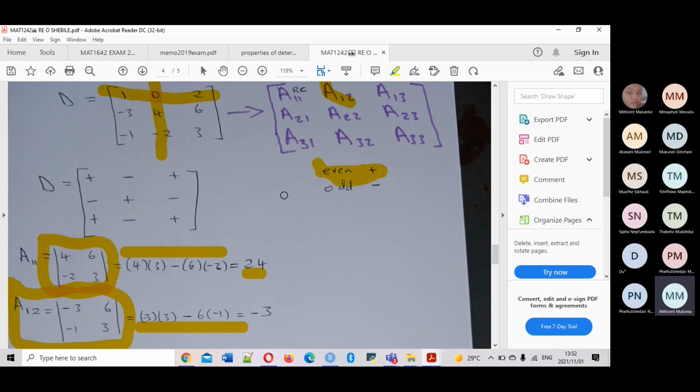When you add the row and the column, do you get an even number or an odd number? 1 plus 1 is an even number, then it is plus. So 1 plus 2 is 3, which is odd. And odd goes with negative. Did you get that? Yes, I got it.